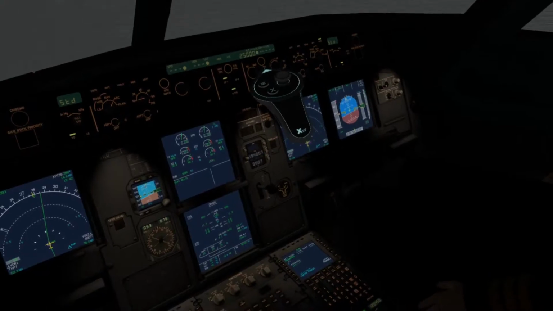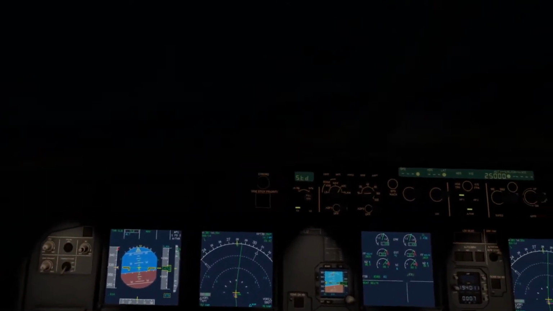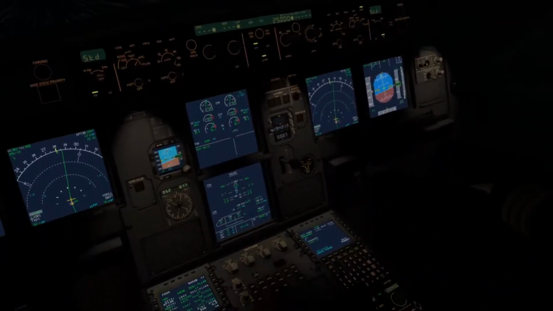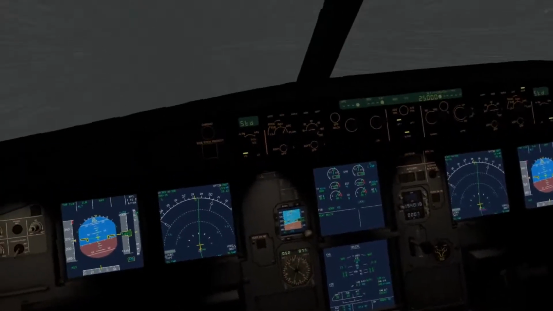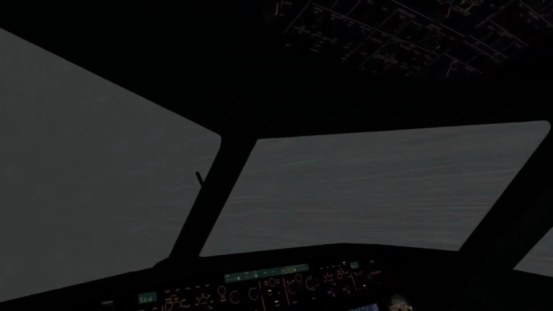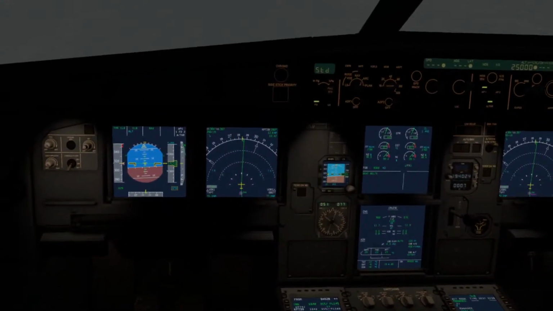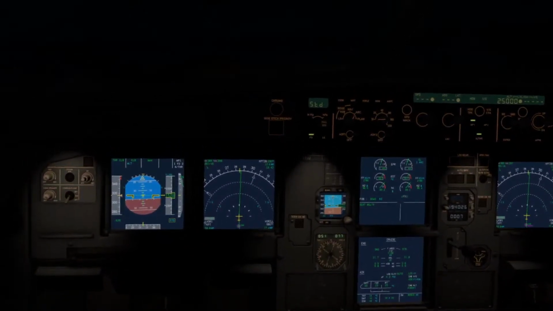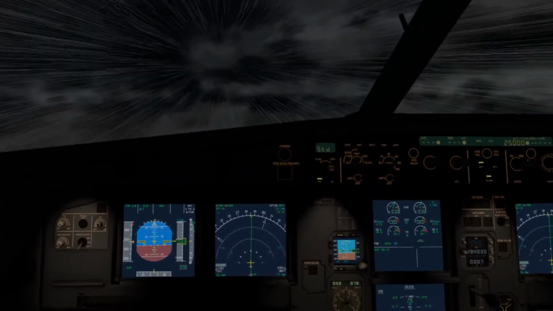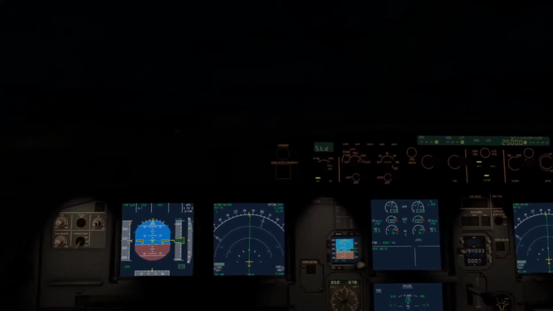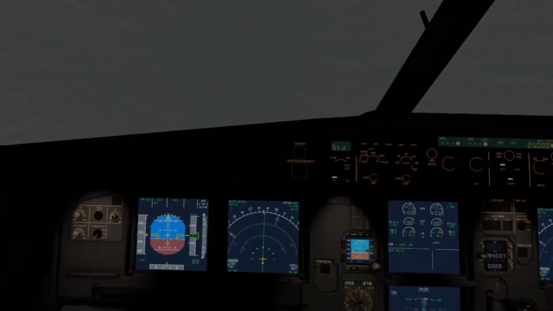So we select this. And the 321 does have a different fuel system, not different fuel system, but it doesn't have the outer tanks on the wings compared to 319 and 320, and possibly 318 as well, I believe.